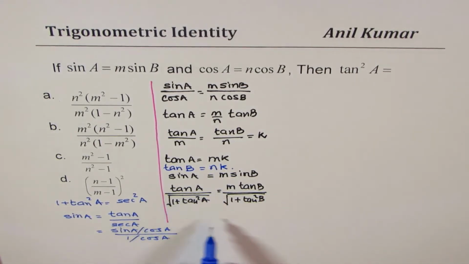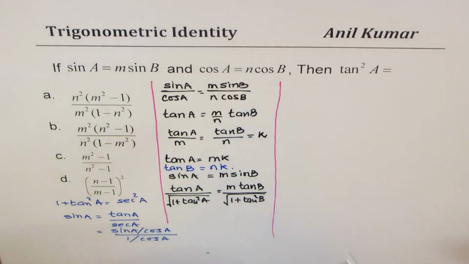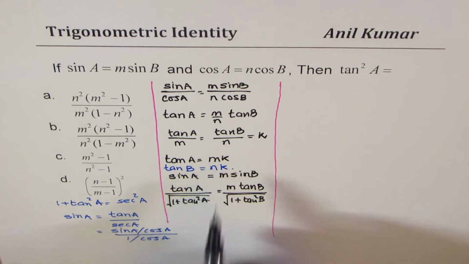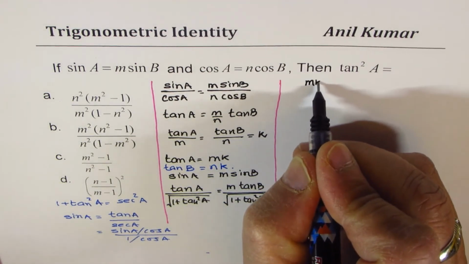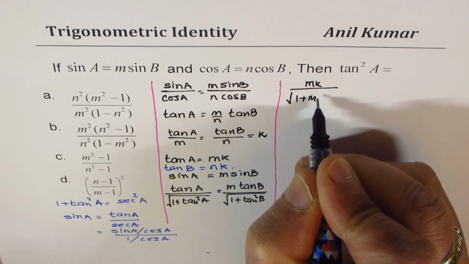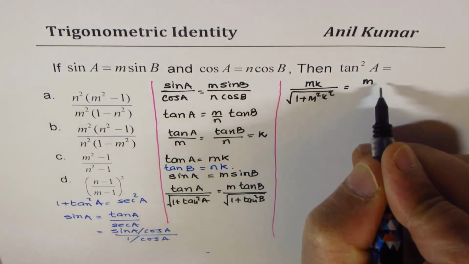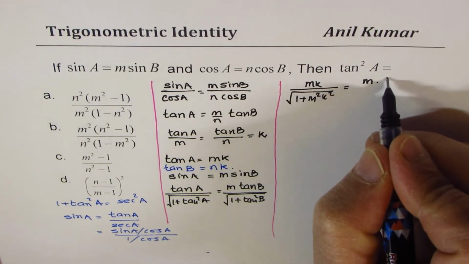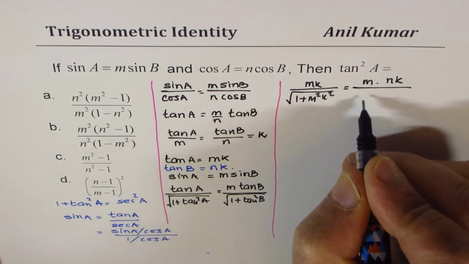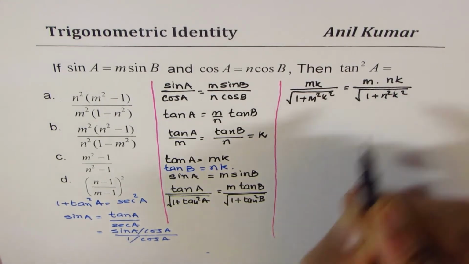So now we can write these terms in terms of the numbers m, n, and k. Tan A is mk, so I'll write mk over square root of 1 plus m square k square. And m times tan B is mnk over square root of 1 plus n square k square. Perfect.